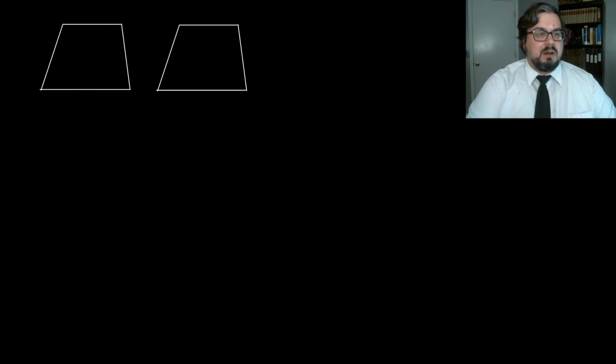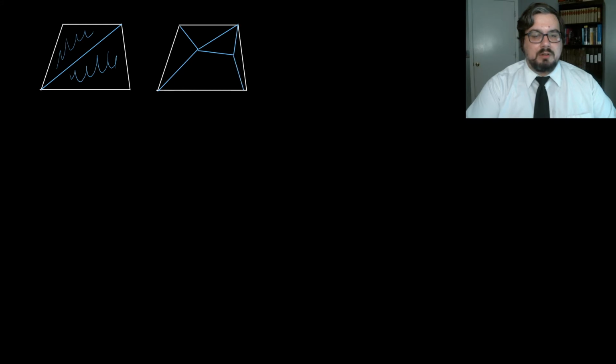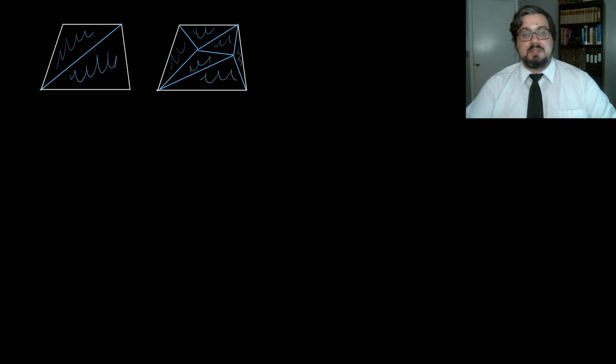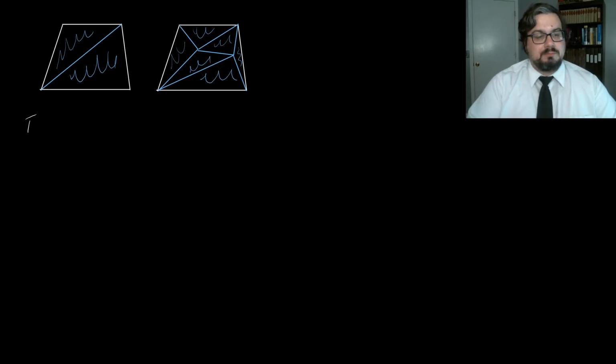Now, both of these are polygonal regions, because, for instance, we could write the left one as a union of triangular regions like this, but we could also set it up as a union of a lot more triangular regions, say like this. And so these are two different potential triangularizations of the same region.